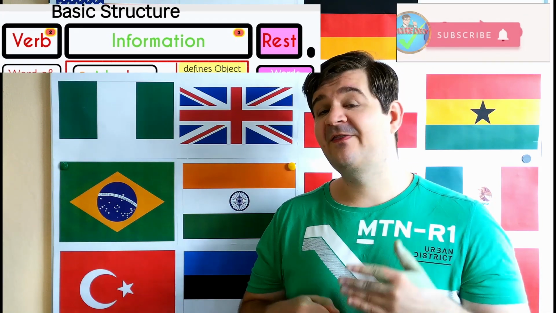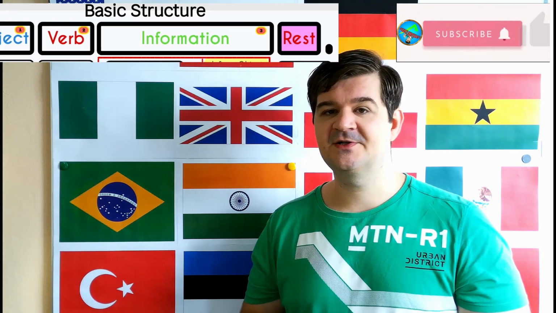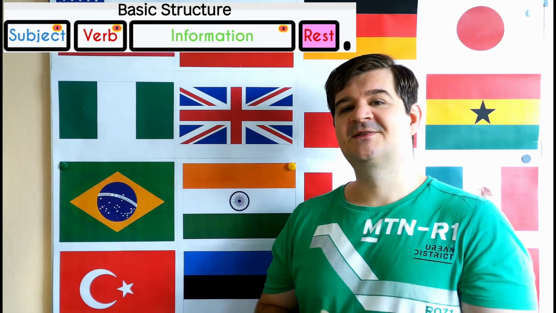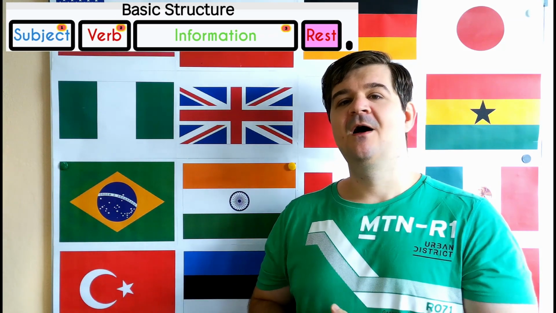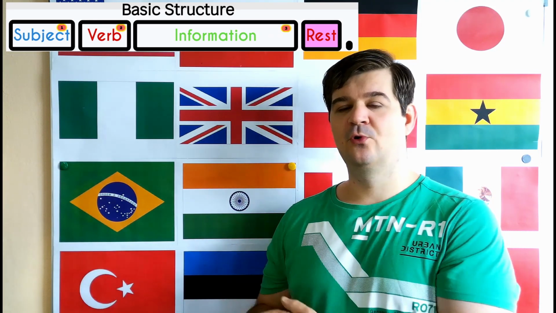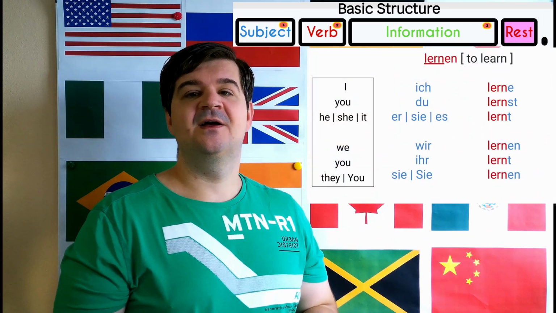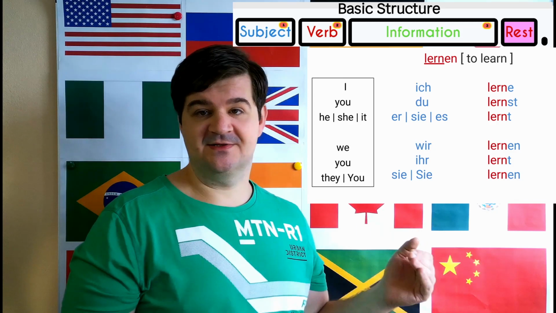So for now, I think it's enough to know for starters, and all I want to do now is to provide you with a simple example on how this stuff practically works. This little sentence here is an example on how to structure your German sentence.